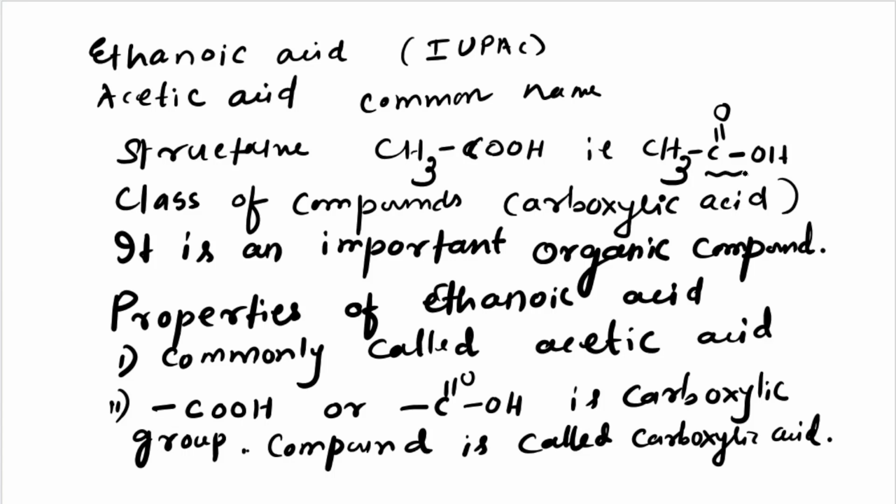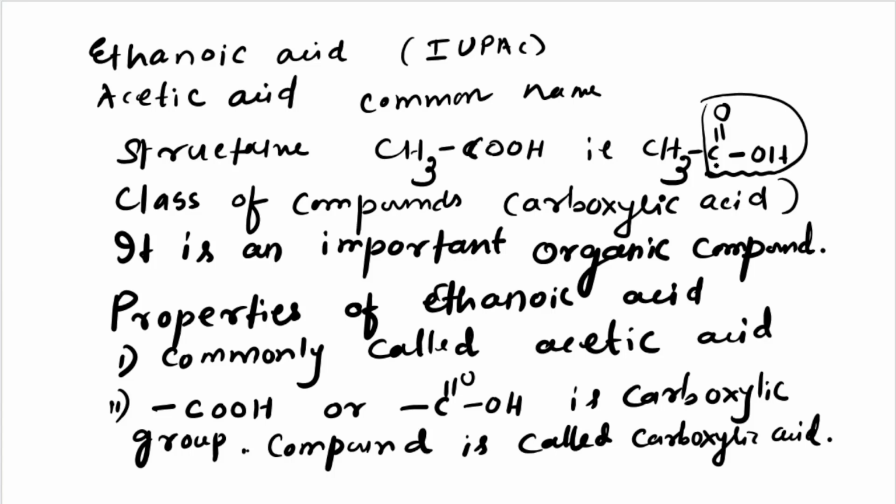So this is the formula of structure, and this is the expanded structure, and CH3COOH is the simple structure, and here is the carboxylic acid group COOH, and if you expand you can see this is the COOH here, this part. So here what happened? The class of compound is called carboxylic acid. It is an important organic compound.